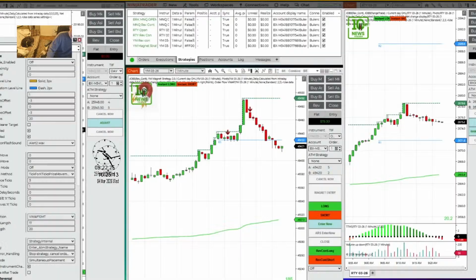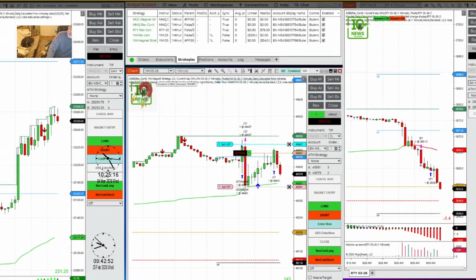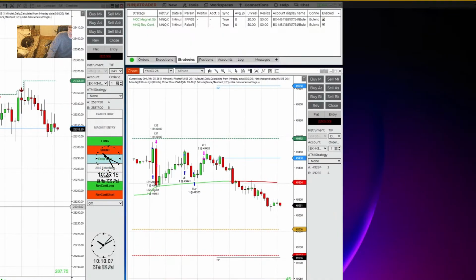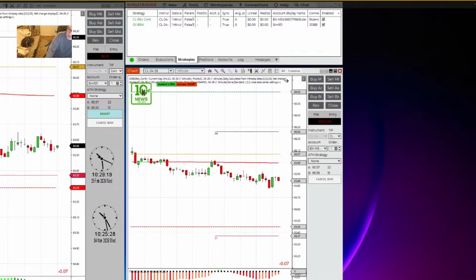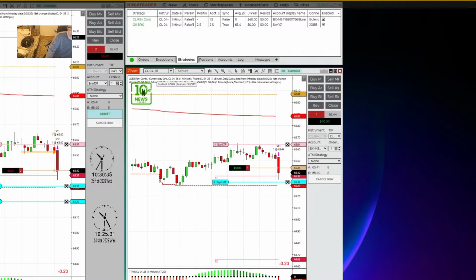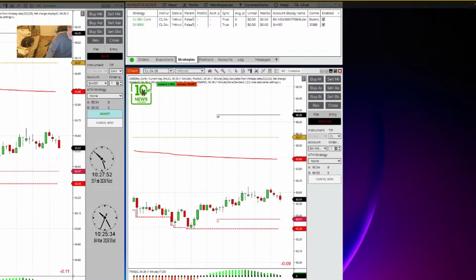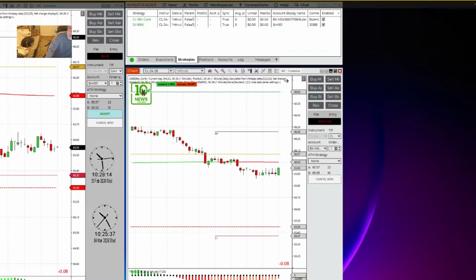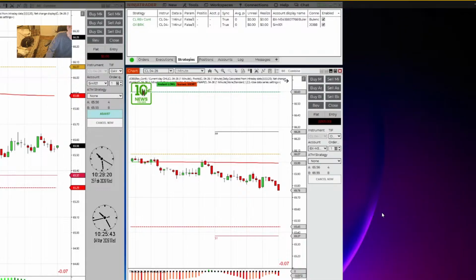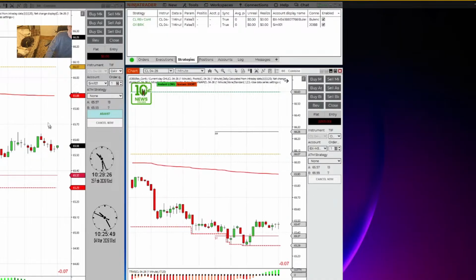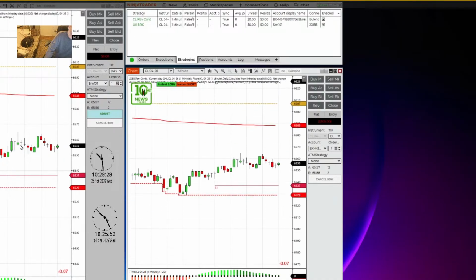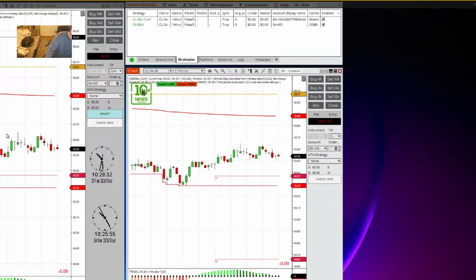So what happened was we were expecting a normal oil report. I remember what happened. They were expecting like 1.8 on a build, and we got 11 million. So I don't think we were even trading. No, we were trading the breakout in sim, okay?